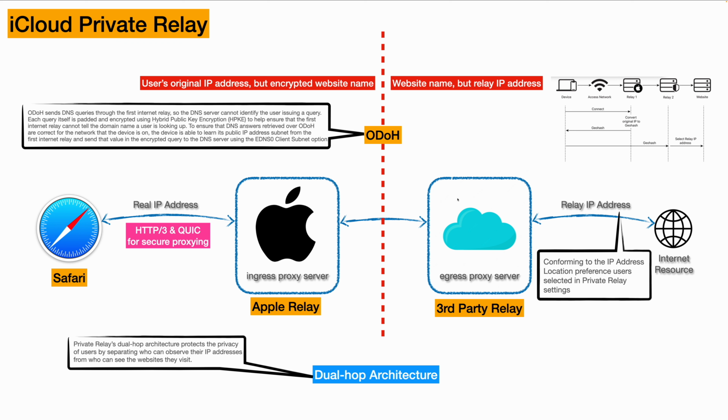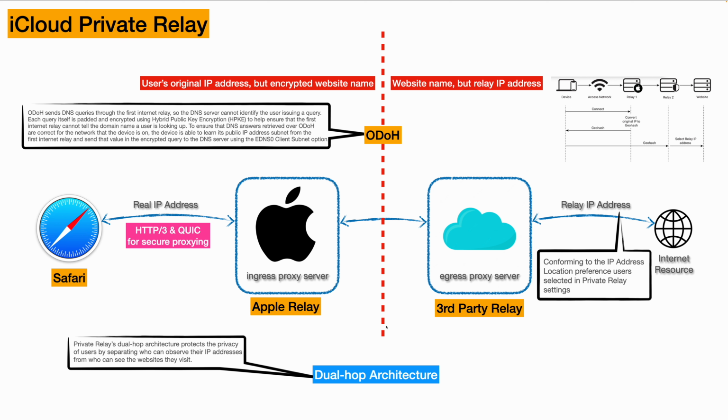As you can see, this is the difference between ODoH and iCloud Private Relay. There are 2 relays or 2 proxy servers involved. This process ensures there's no single step, except for the client itself, that knows both pieces of information, the original IP address and the query, the website you want to visit.